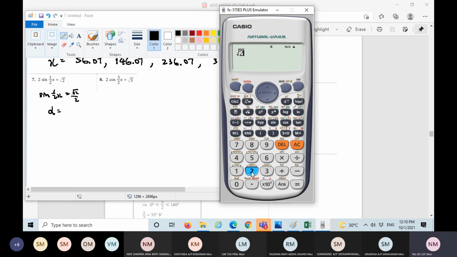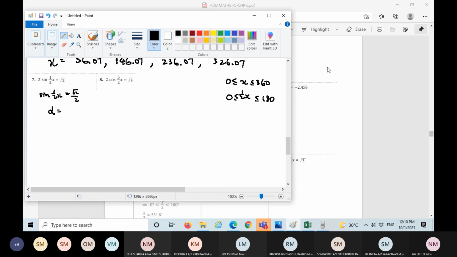Square root 2, this is the answer. Divide by 2. You press divide, then shift sine. Square root 2 divide 2, shift sine: 45. You put 90, my goodness.